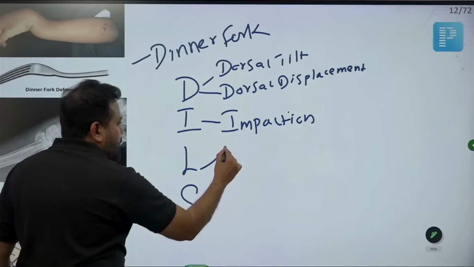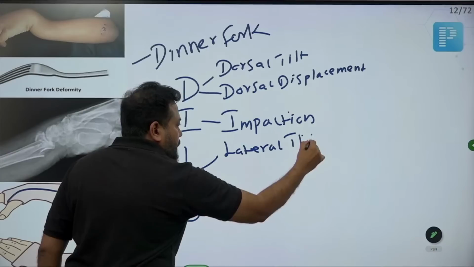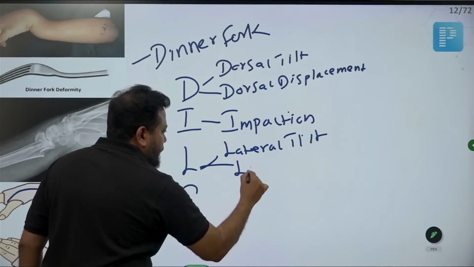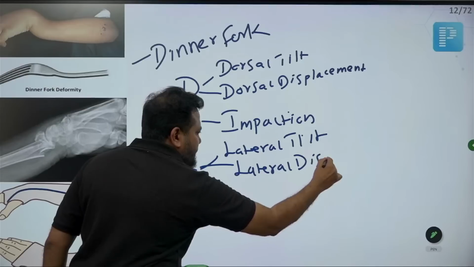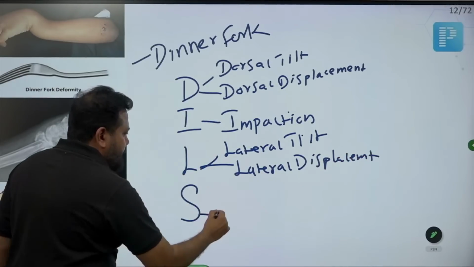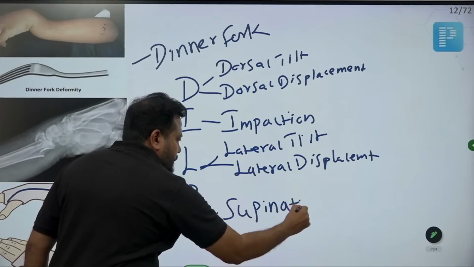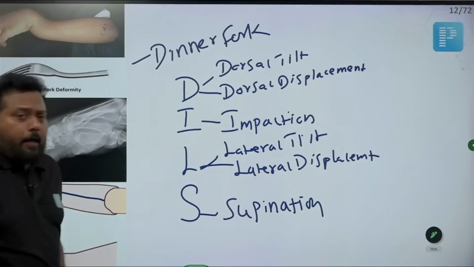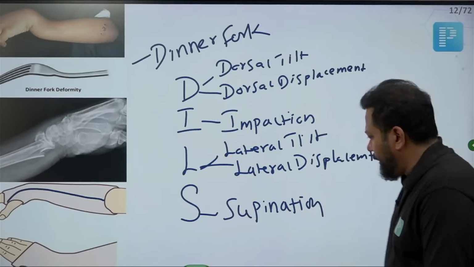L stands for lateral tilt and lateral displacement. Very simple. S stands for supination. I may have horrible handwriting, please adjust with me. In the very beginning my handwriting is like this only.